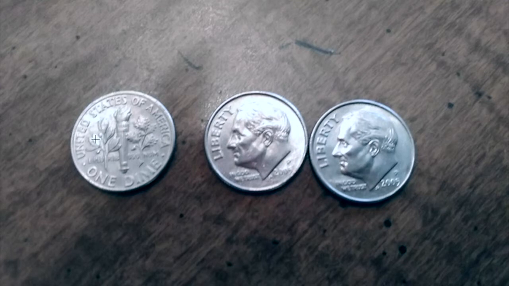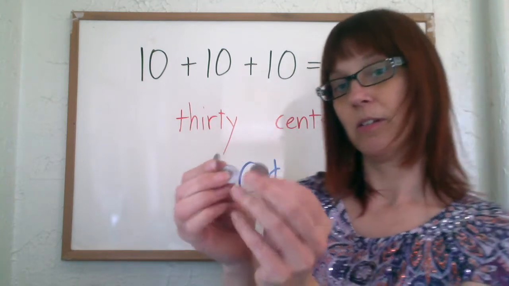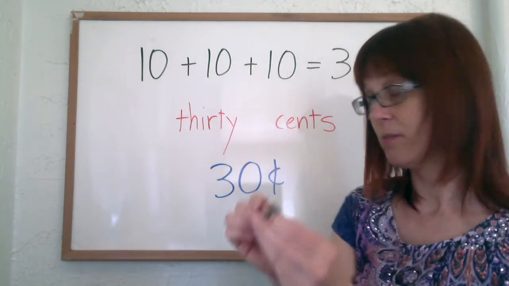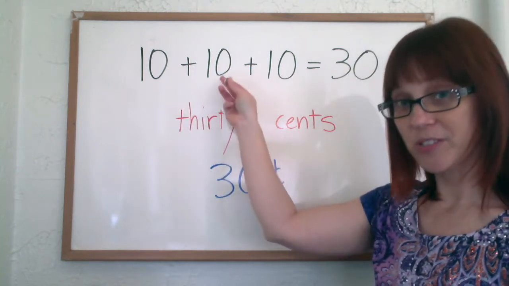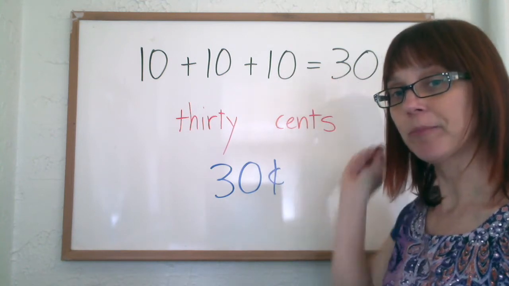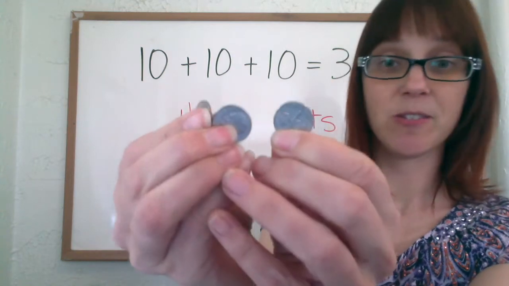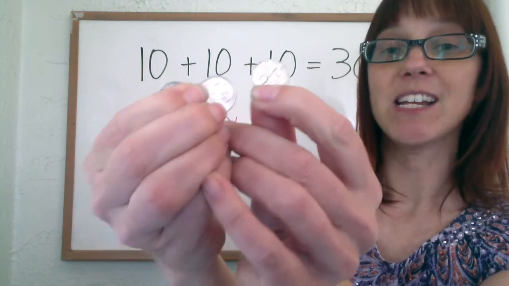So they are 10 cents, 10 cents, 10 cents. 10 plus 10 plus 10 is 30. 3 dimes. 10 plus 10 plus 10 is 30. 30 cents. How much is this? 30 cents.